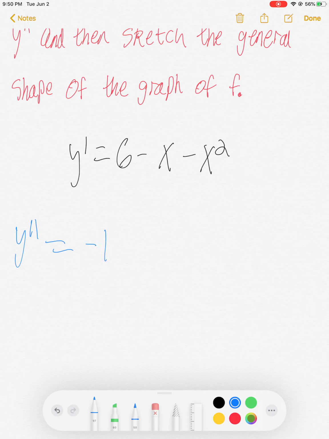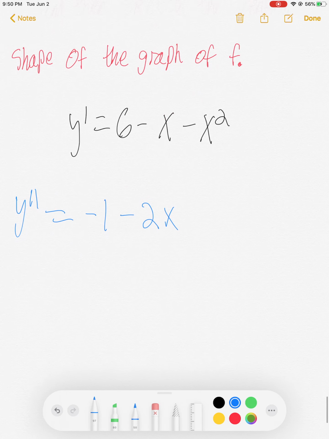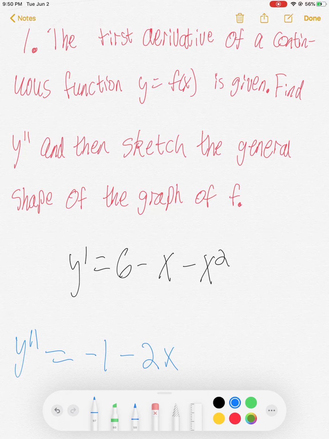So let's start with the second derivative. Let's go ahead and compute that. I know we're going to need it. So y double prime, well, the derivative of 6 is 0, the derivative of x is 1, so that's just minus 1, and then it looks like I have minus 2x. So that gives us our second derivative.